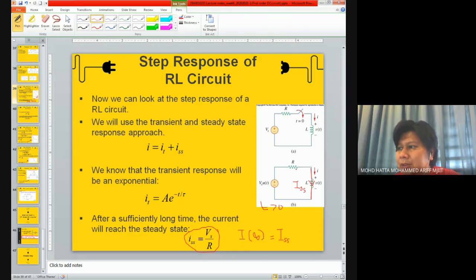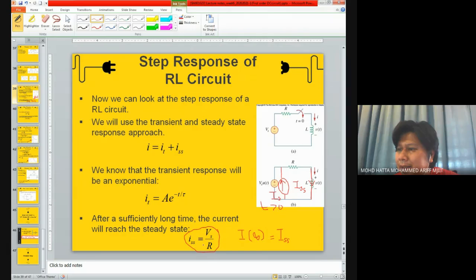That is if this is a voltage. However, if this is a current, let's say I put it this way, our job will be a lot easier because let's say this is IS. I steady state, or I towards infinity, is equal to the value of the current source over here.